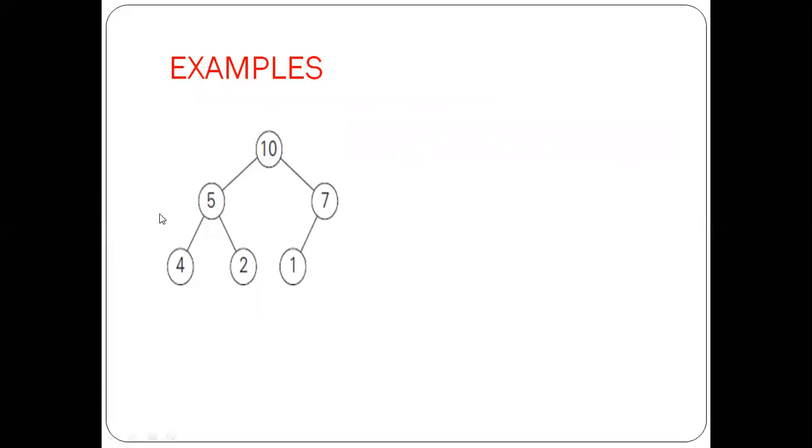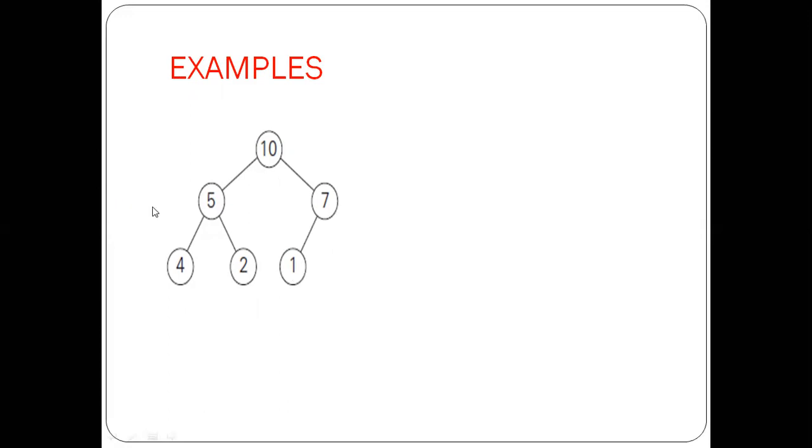But the first level is completely filled, the second level is completely filled, and the third level is filled from the left hand side. Only one more location is vacant, but it is on the right. So this is a complete binary tree. If 7 had 2 children, we would call it a full binary tree.